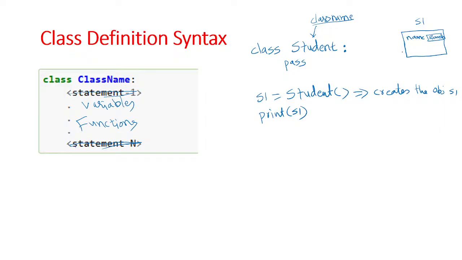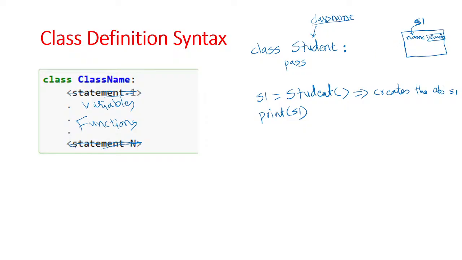Please remember, it is part of the s1 object. Whatever is present inside the object you must access by using the object name s1 only. s1.name gives the value Ramesh. That's how we access the members of the class by using the dot operator.